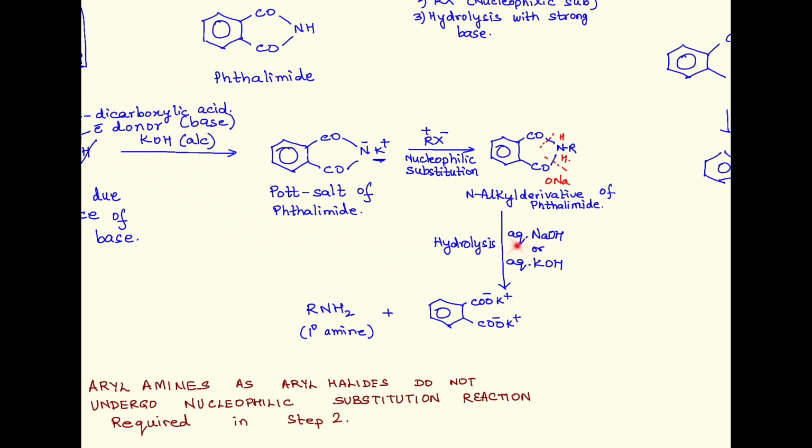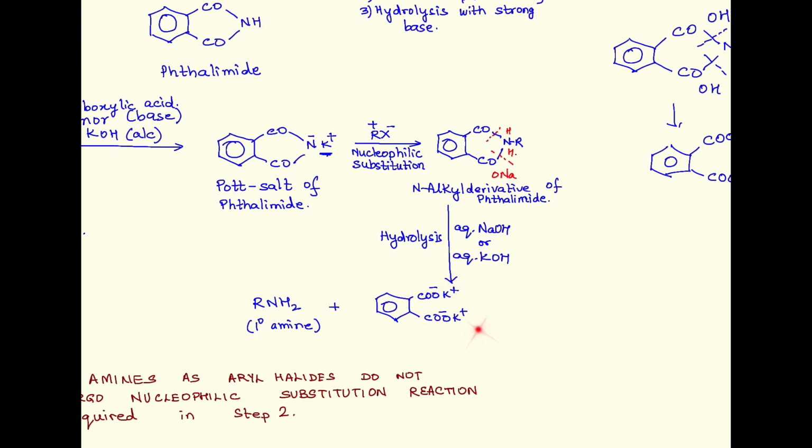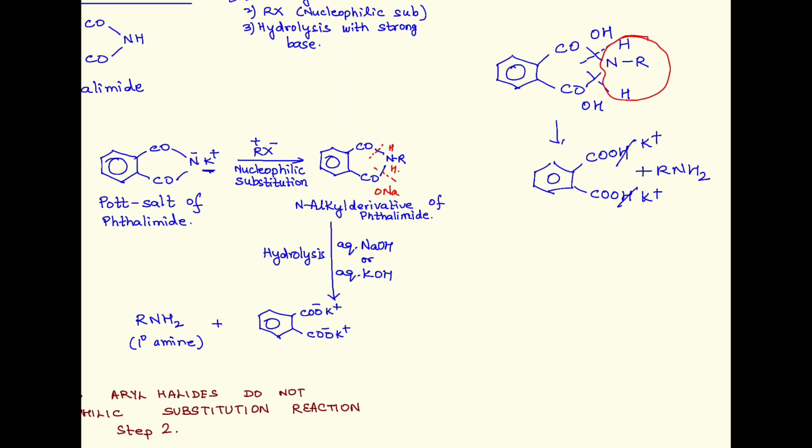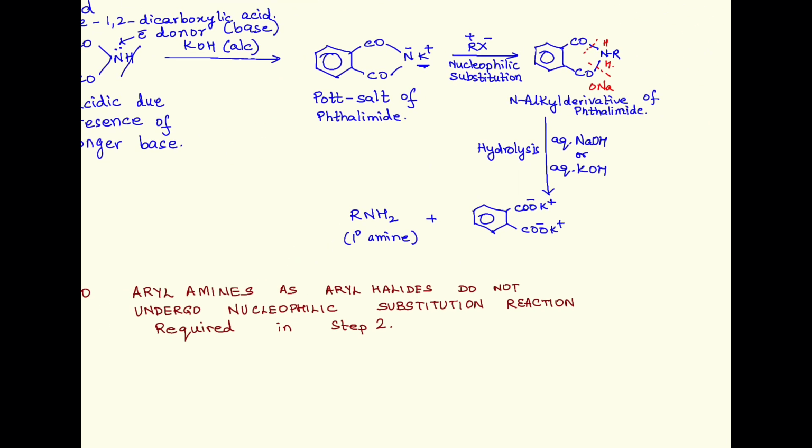Also, we are carrying out the hydrolysis in aqueous NaOH or aqueous KOH. So, that is why we will get the corresponding potassium or sodium salt of phthalic acid, and look at what we've got now. We've got a primary amine RNH2 as one of our products, and that is the whole target of this preparation, preparing a primary amine.